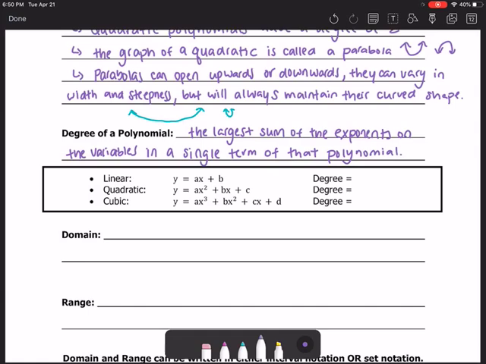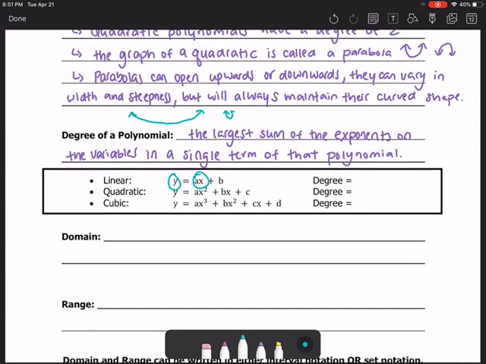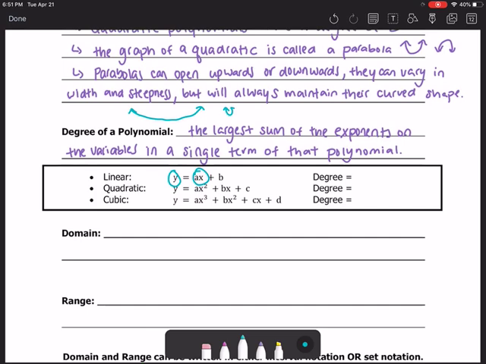So, for example, if we look at the 3 equations or the 3 polynomials below, we are going to look at all of the variables. We're going to look at the y's, we're going to look at the x's, and we're going to look at each term. Reminder that terms are split up by our plus or minus signs, or even the equal signs there. So this is a term, this is a term, this is a term.